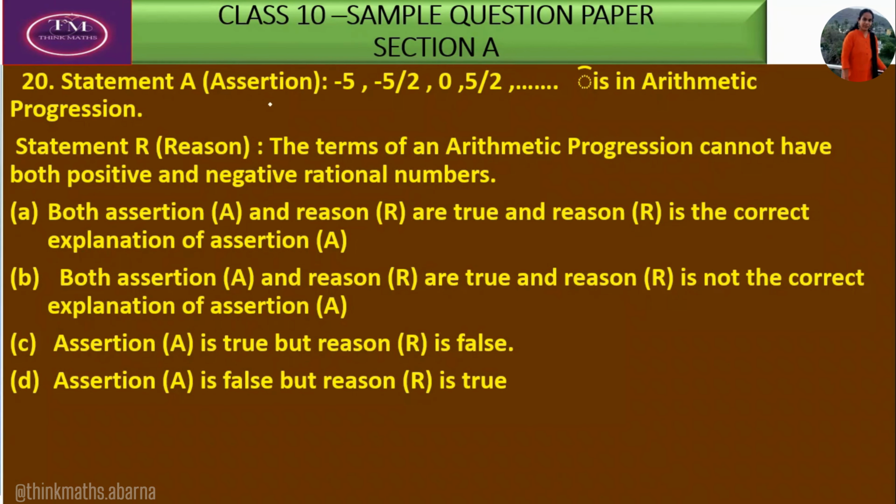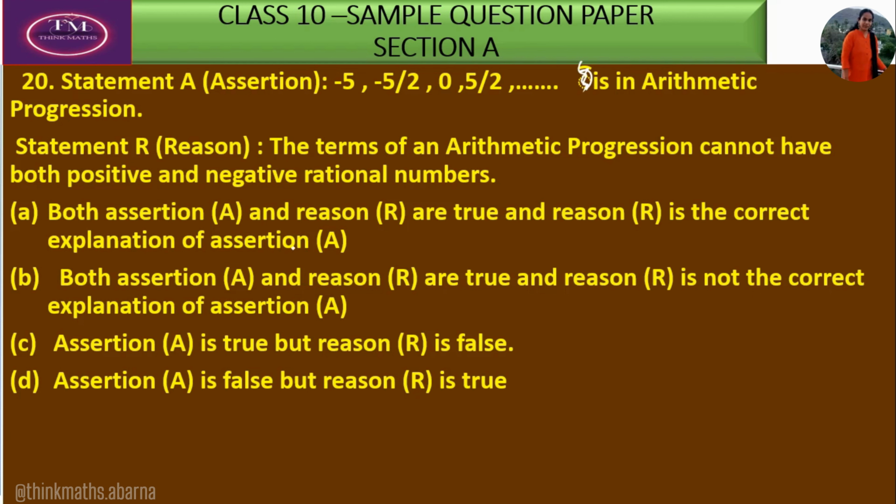What is the statement given? Minus 5 by 2, 0, 5 by 2 is in arithmetic progression. Okay. Statement R, the reason: the terms of an arithmetic progression cannot have both positive and negative rational numbers.